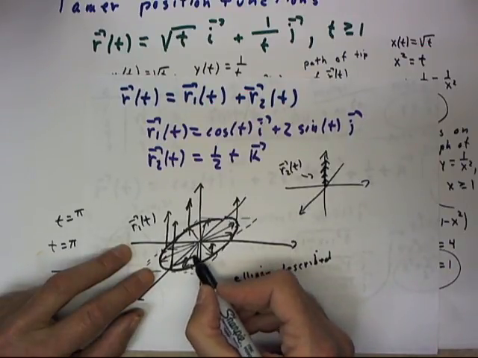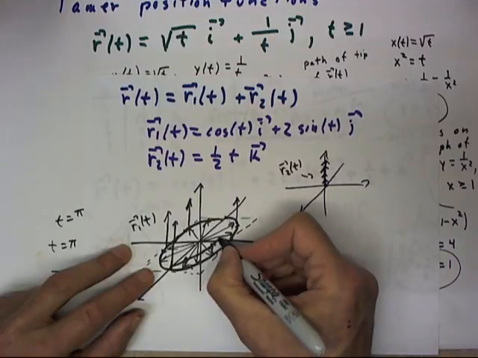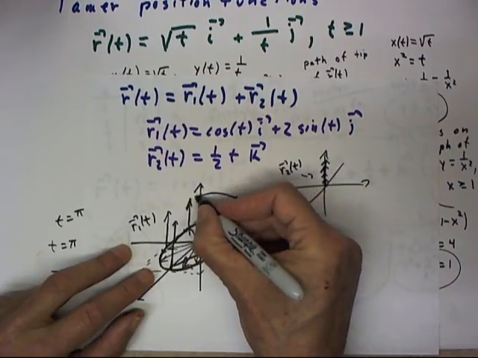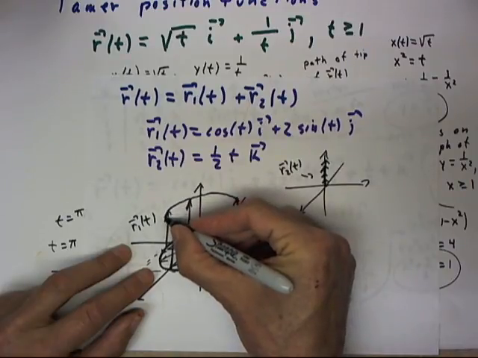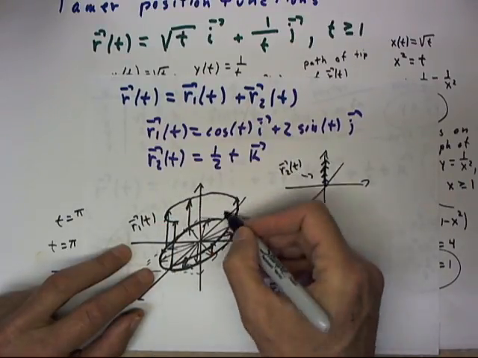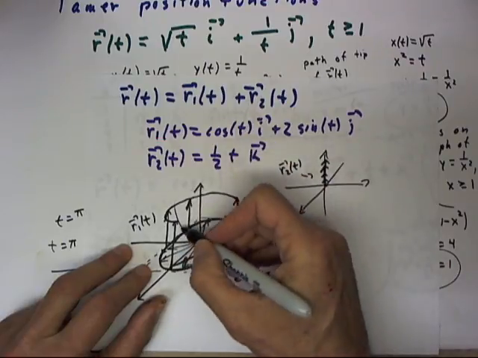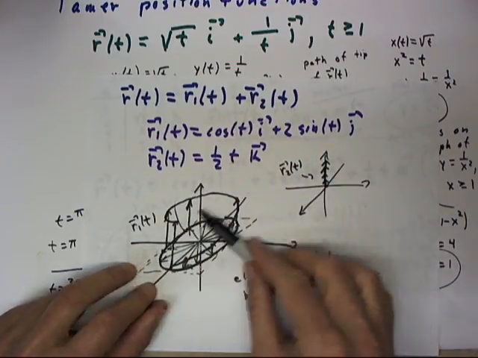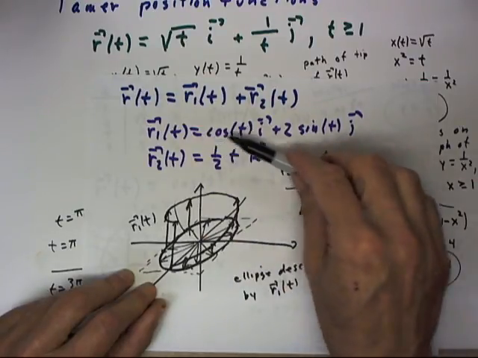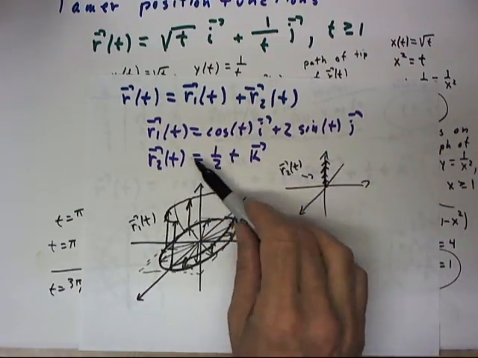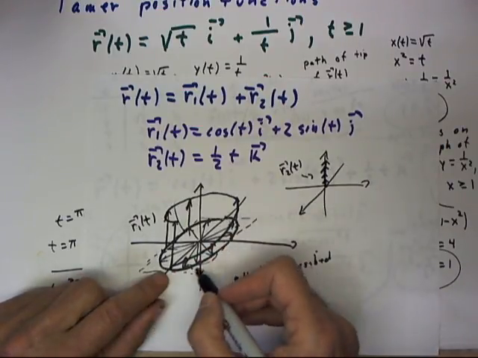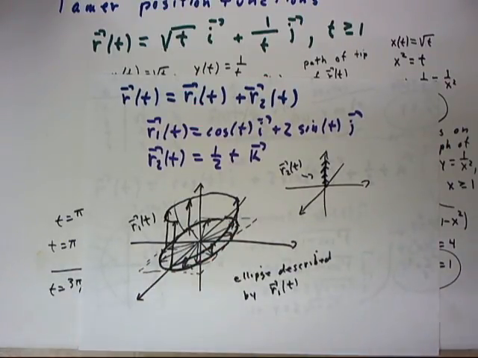So that our curve, our path, is going to look something like this. A helix rising up above the xy plane, and the cross section of this helix is always the ellipse that lies above this ellipse in the xy plane.